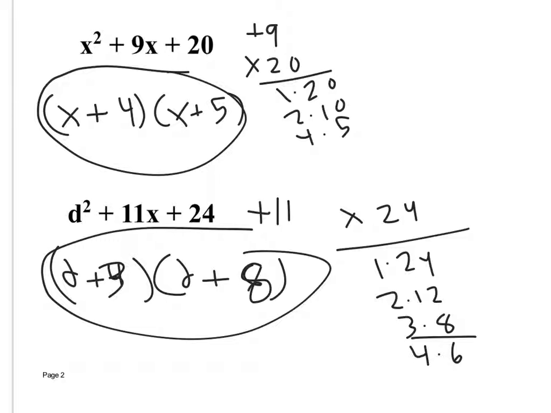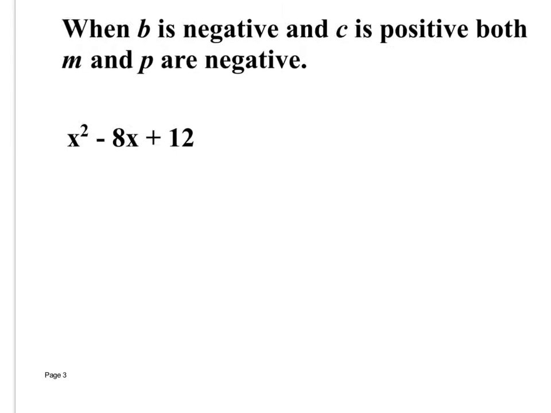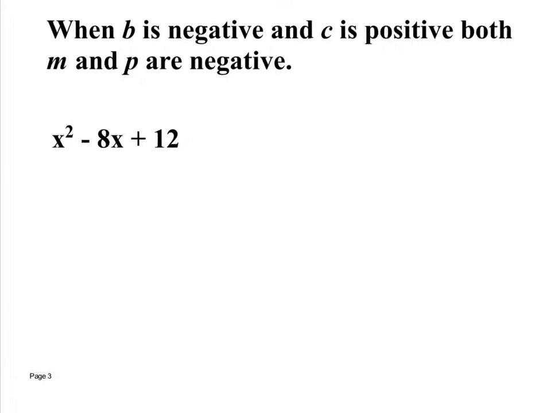Any questions? All right, so write this down. Now this rule I wrote to help you: when b is negative and c is positive, which you can see in this example, m and p are both negative.